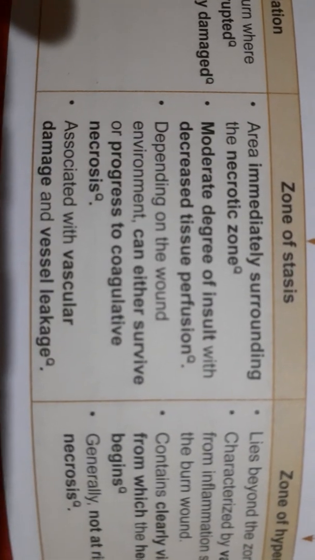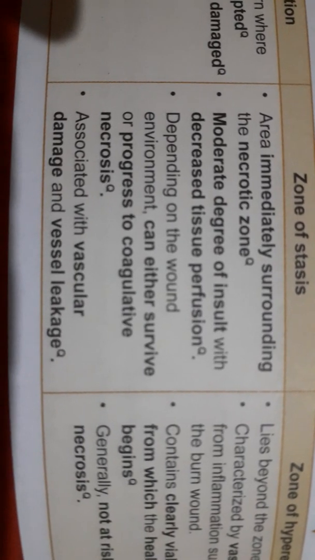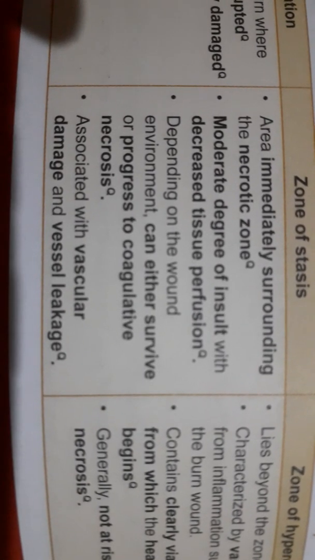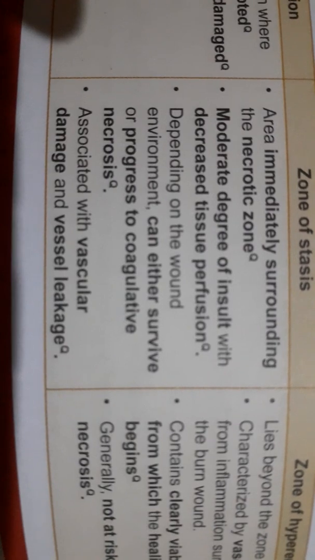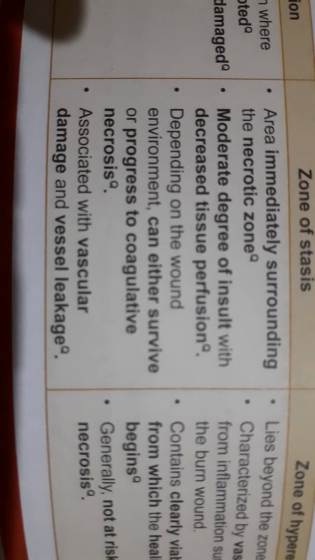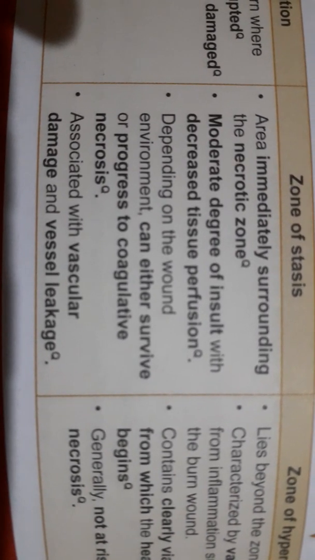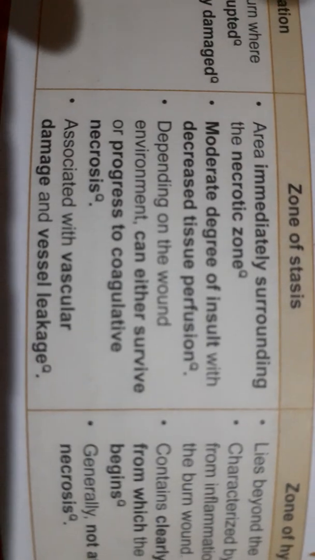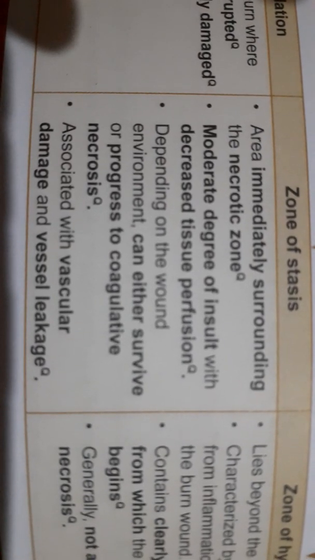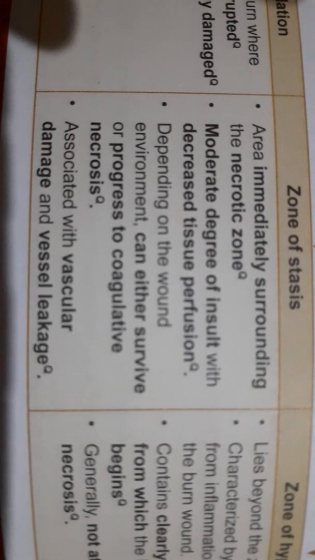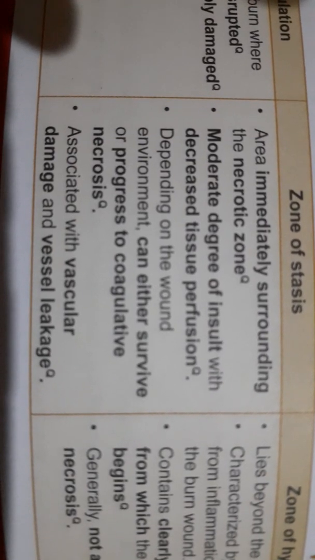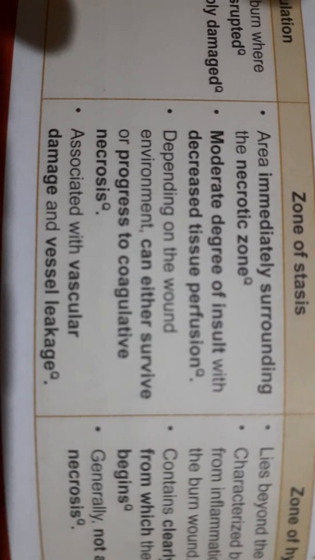Zone of stasis: area immediately surrounding the necrotic zone, moderate degree of insult with decreased tissue perfusion, and depending on the wound environment can either survive or progress to coagulative necrosis.